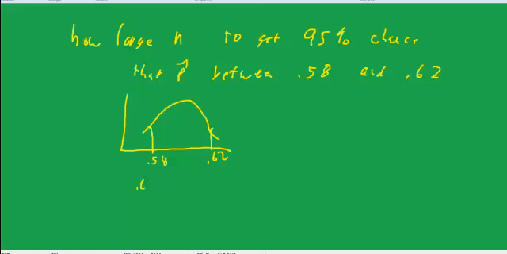So in terms of percentiles, this is 0.025 and 0.975. So we'll call this z star equals invNorm of 0.025, whatever that is. I'm going to say that's about 2. You can check it.